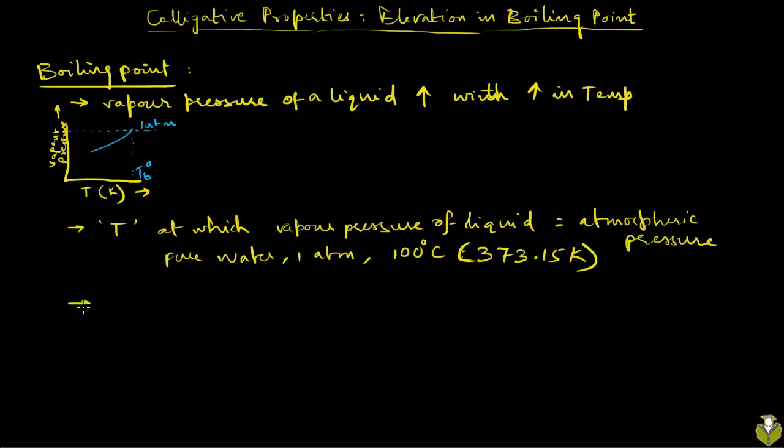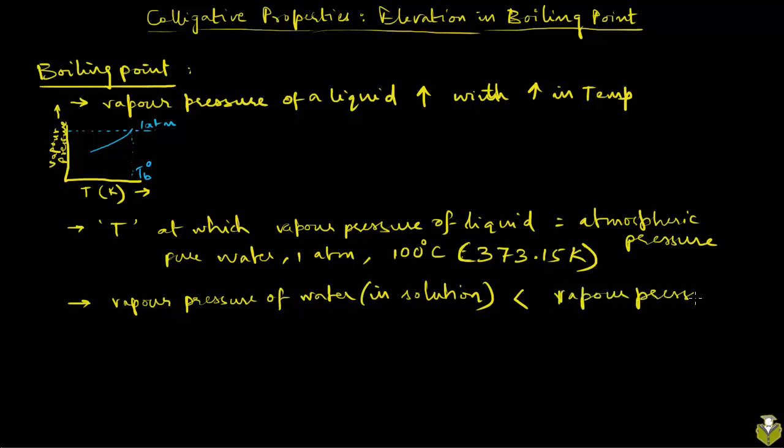So we also know that if you were to take this water and dissolve a non-volatile solute, like for example table sugar or common salt in it, then vapor pressure of water in solution is going to be lower than vapor pressure of pure water at any given temperature.